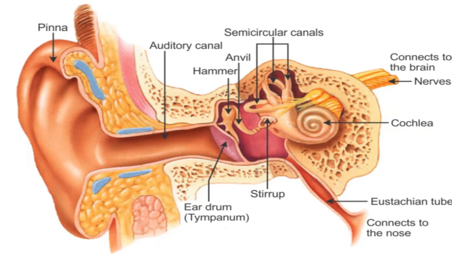This vibration is sent to the cochlea. The cochlea is a very sensitive organ, and it receives the sound waves and sends them to the brain through the nerves, which are called auditory nerves.